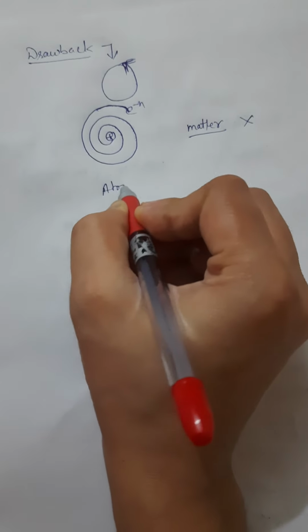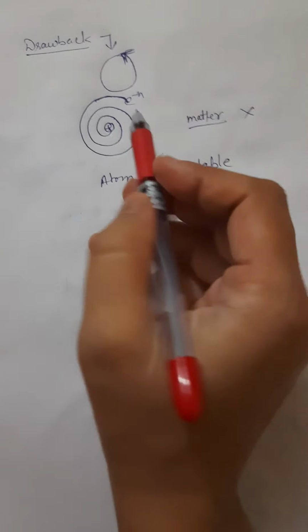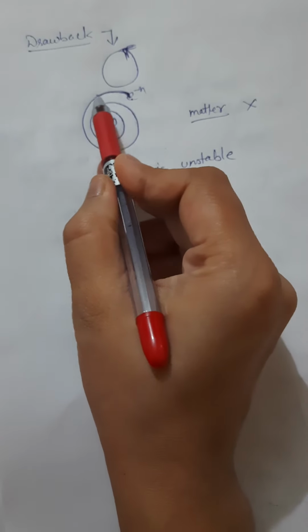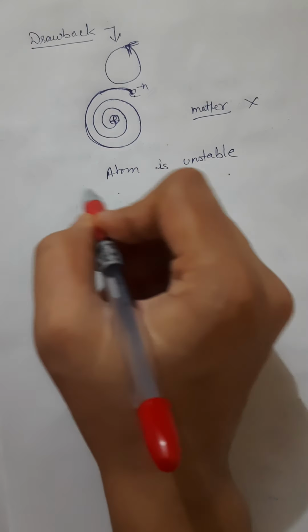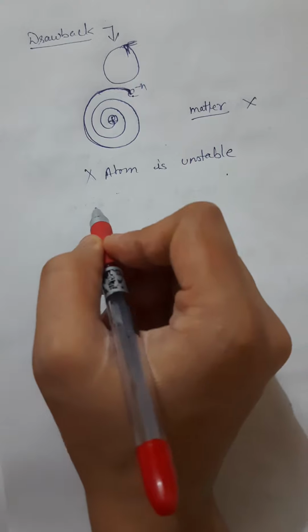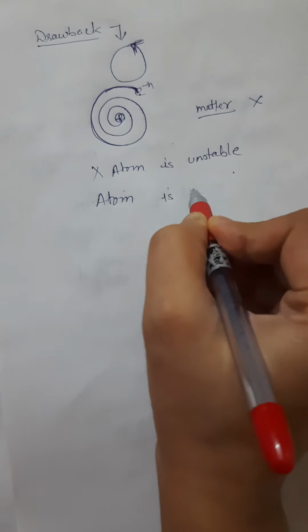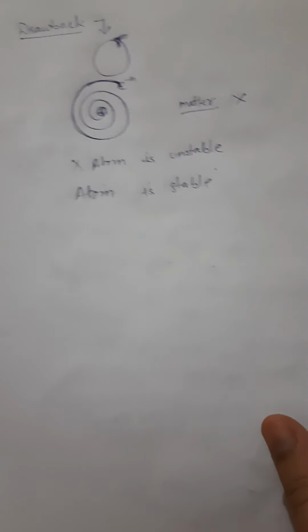It means atom is unstable according to this model, but we know that atom is stable. So this model couldn't explain the stability of the atom.